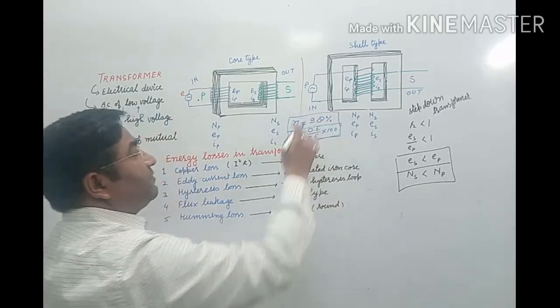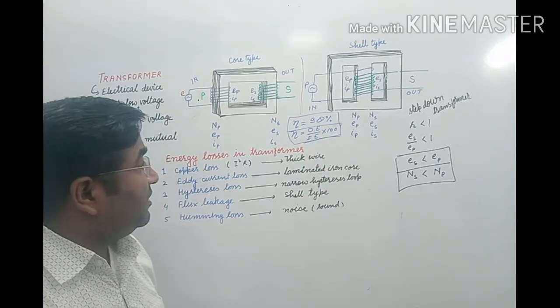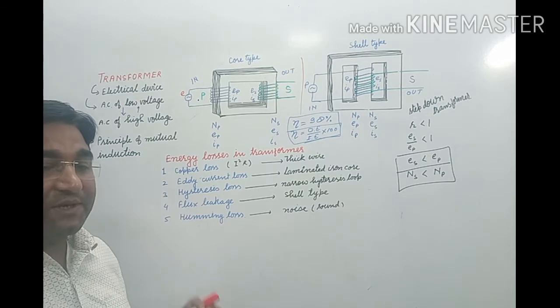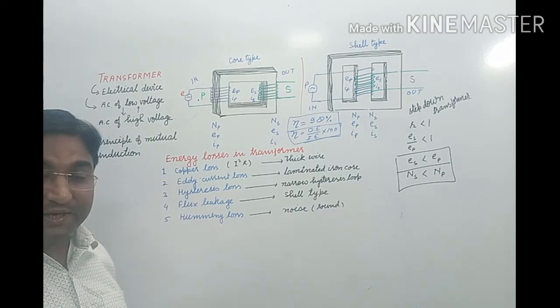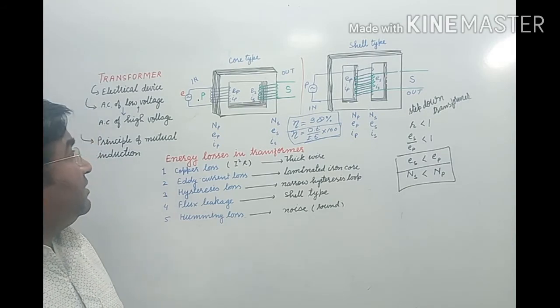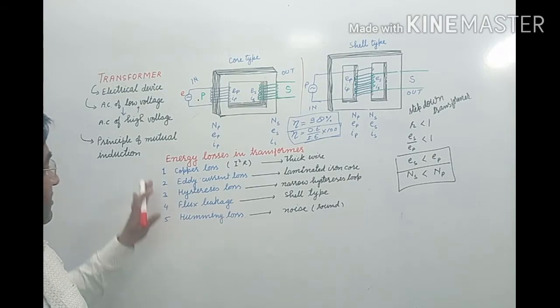For an ideal transformer we can assume the efficiency is 1 or 100%, but in real practice no machine has efficiency equal to 1. There is a loss in energy.